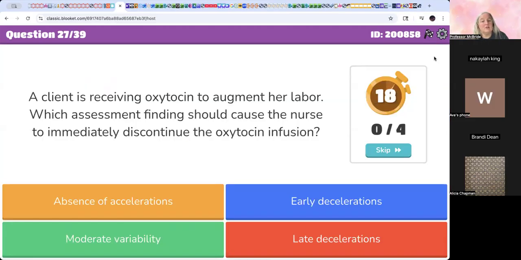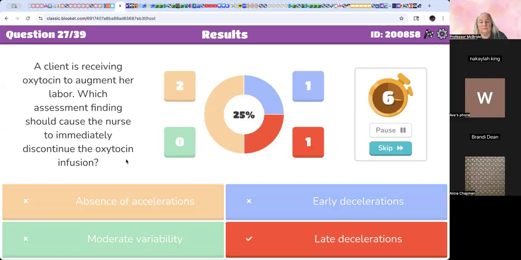A client is receiving oxytocin to augment her labor. Which assessment findings should cause the nurse to immediately discontinue the oxytocin infusion? Okay.